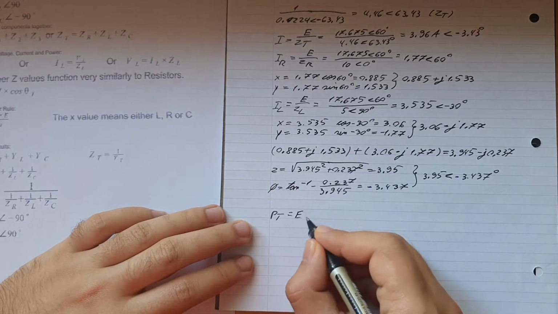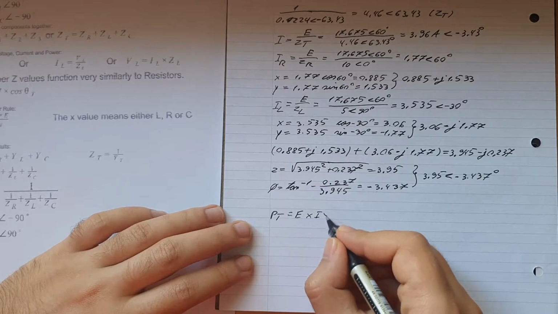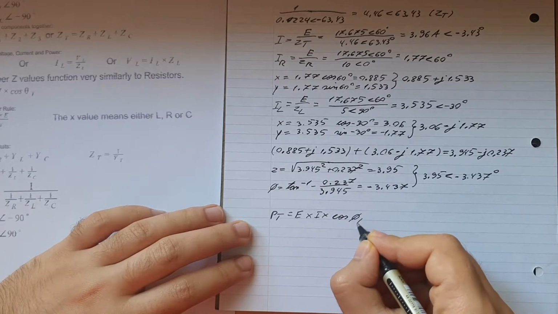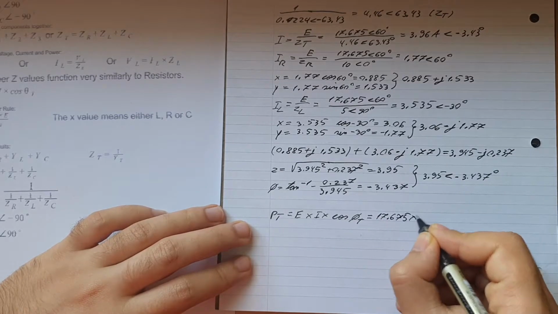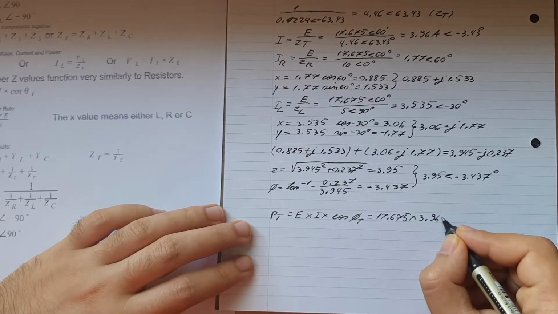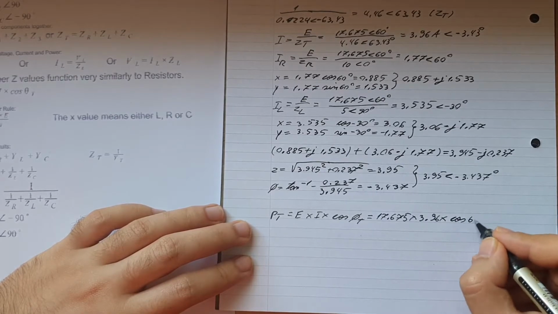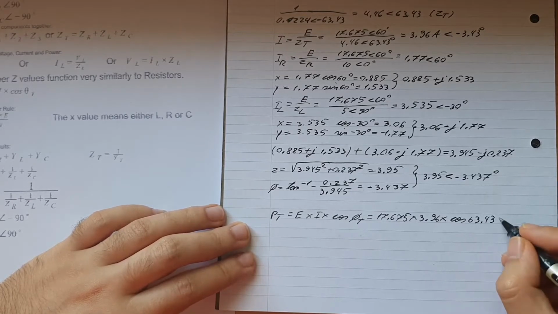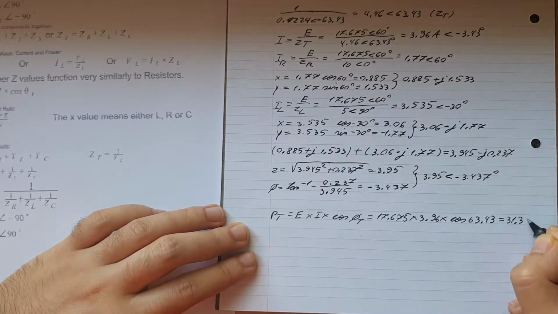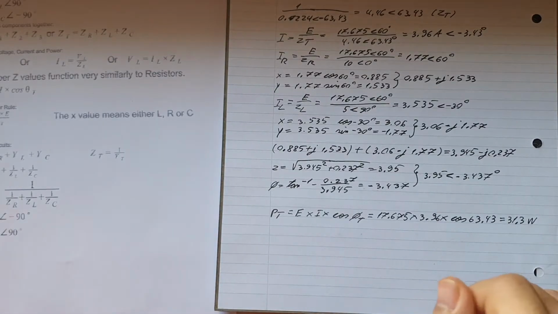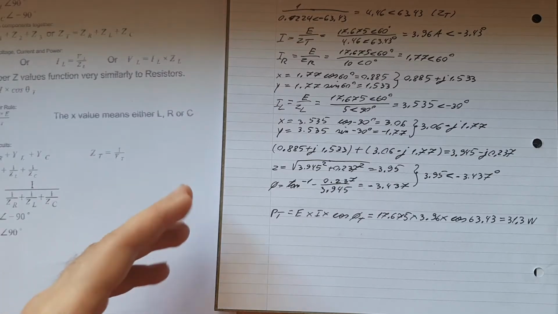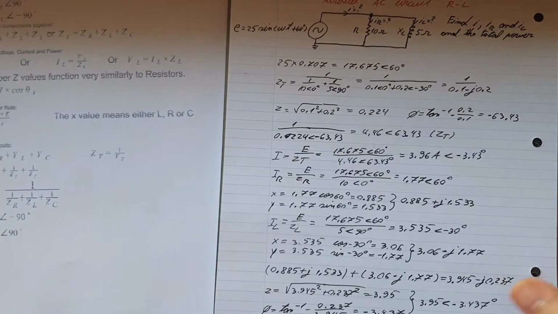So E times I times cos theta will be equal to 17.675 multiplied by 3.96 multiplied by cos 63.43, and that will be equal to 31.3 watts. And that's the power, which is quite low, but it's fine. It's only two components in parallel, and also the current to them is very small as well. But anyway, okay, so this is done.